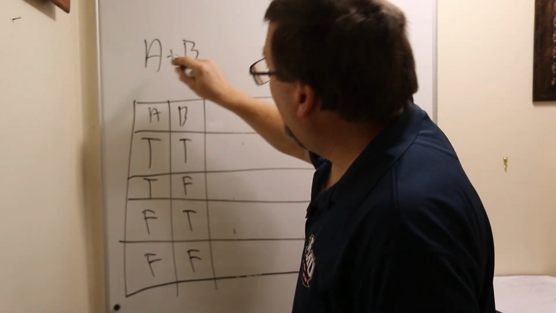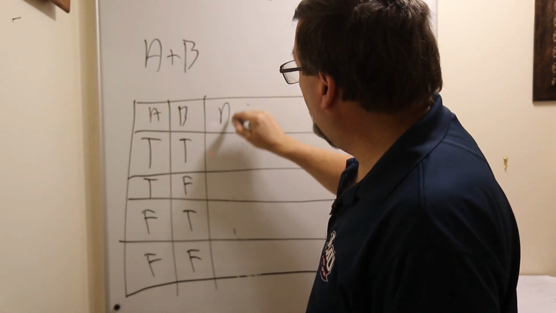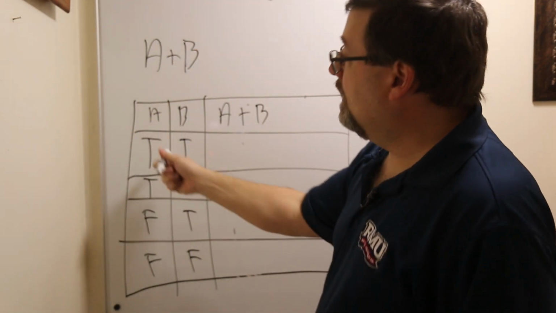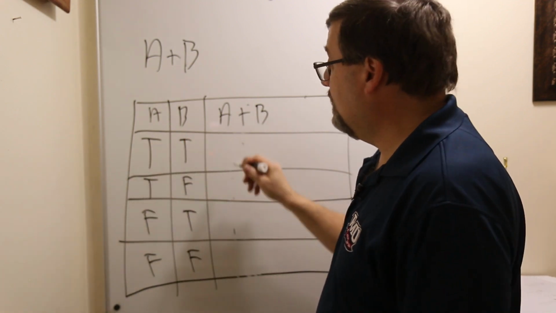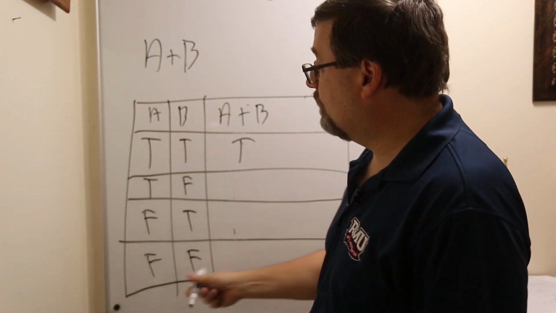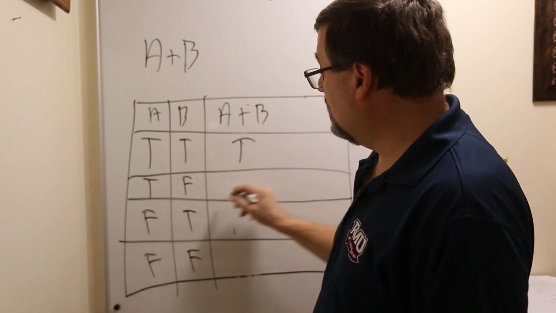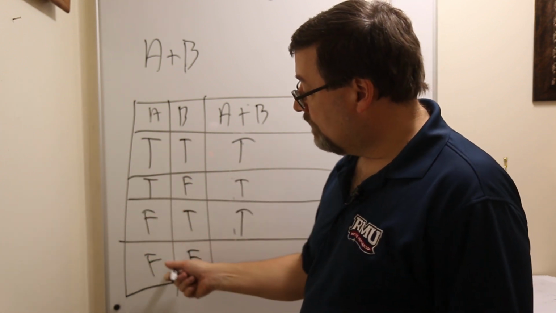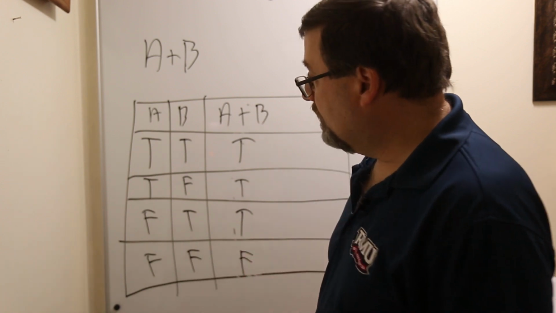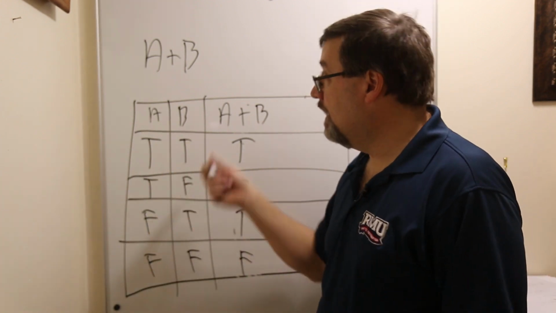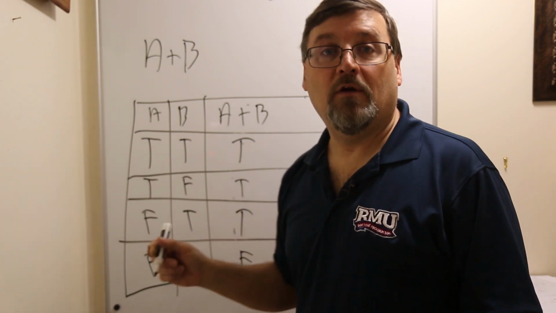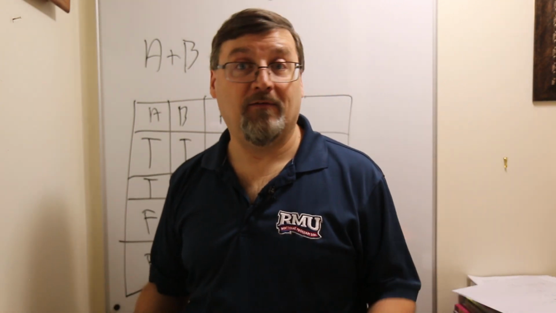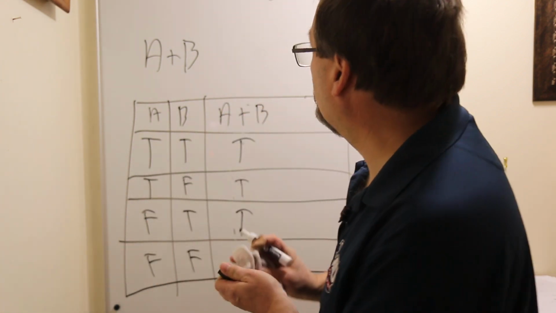So we do A or B. True or true, they're both true, so it's true. True or false is going to be true. False or true is going to be true, and false or false is going to be false. So if any of them are true, the entire statement is true. If you say A or B, if A is true or B is true, or both are true, the entire statement is true.